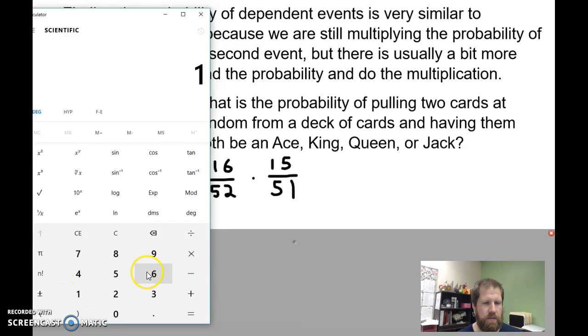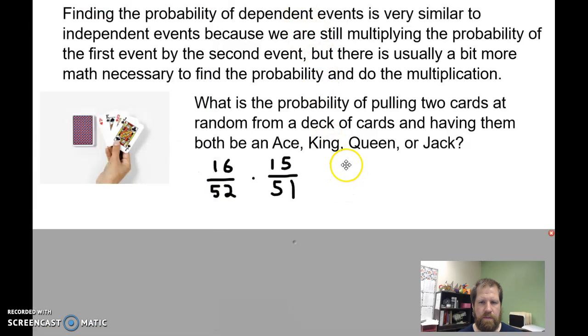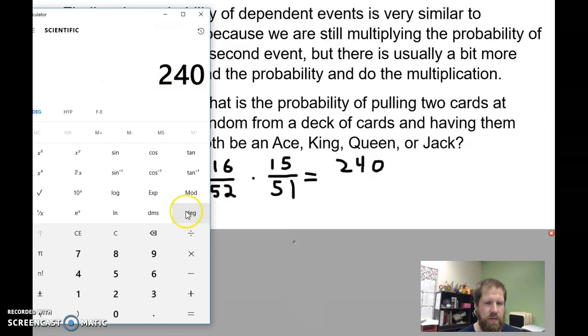Let's do 16 times 15. We get 240. That seems big, like we're going to have a lot of possibilities. Then we've got 52 times 51.